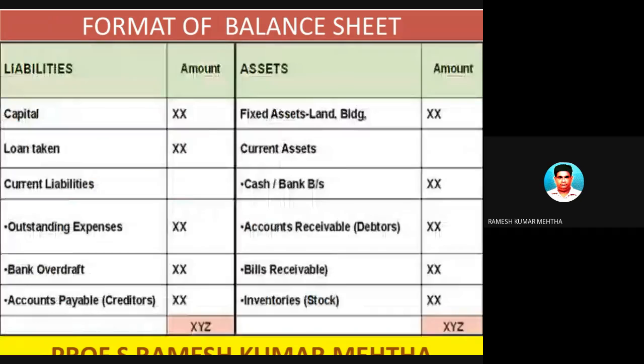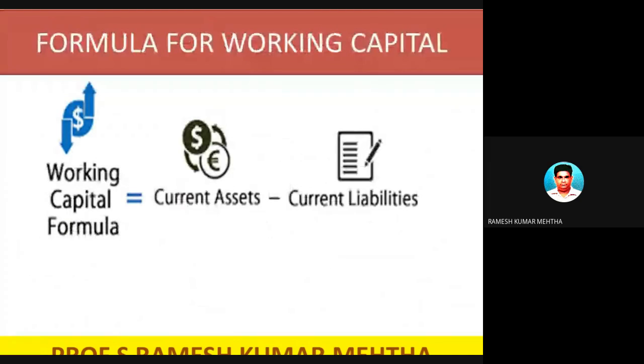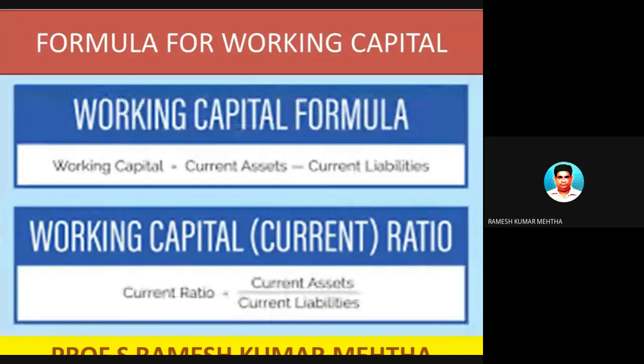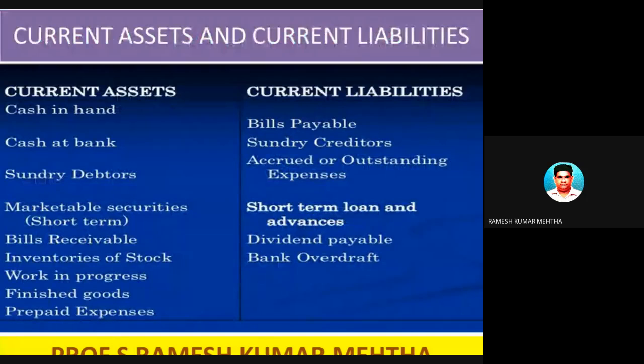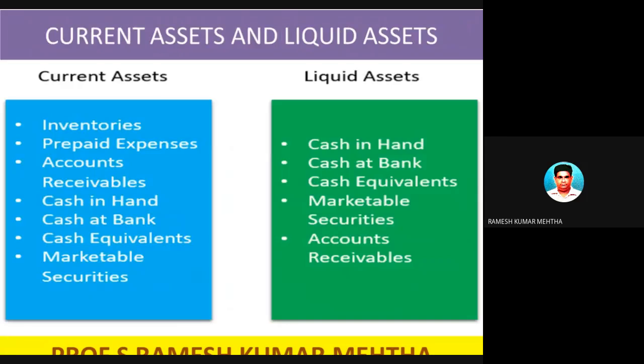And subsequently, we discussed what is working capital, what is the formula for working capital, and we also had a brief understanding about different items of current assets and current liabilities.